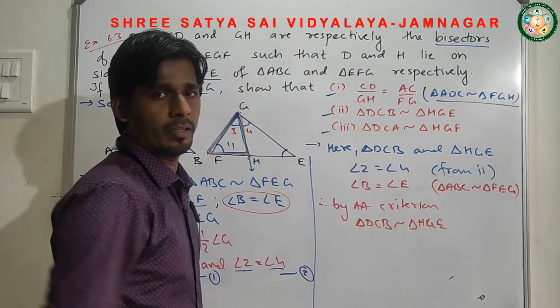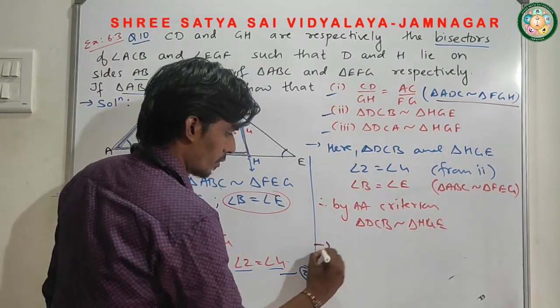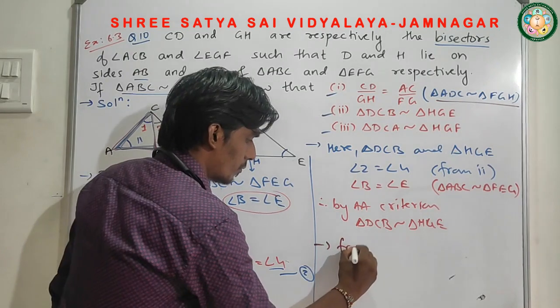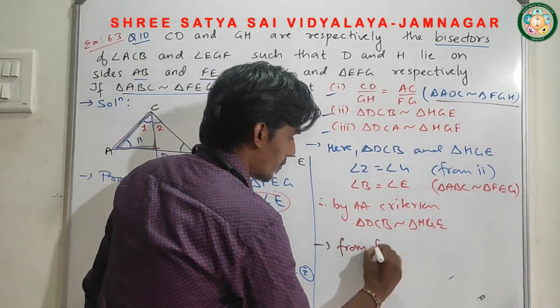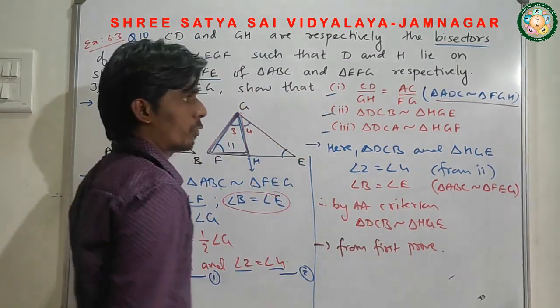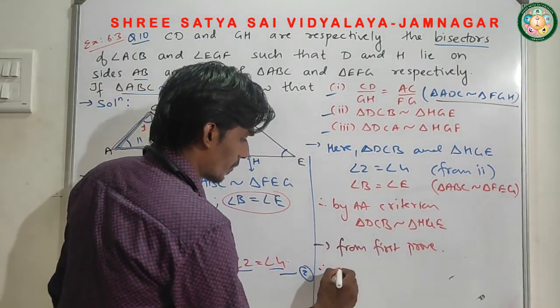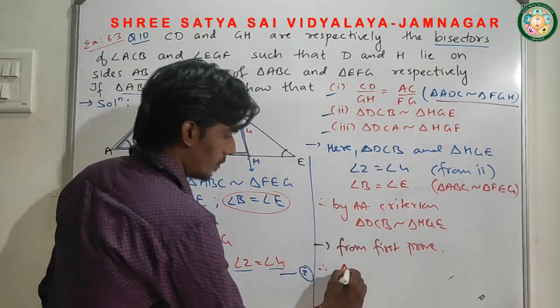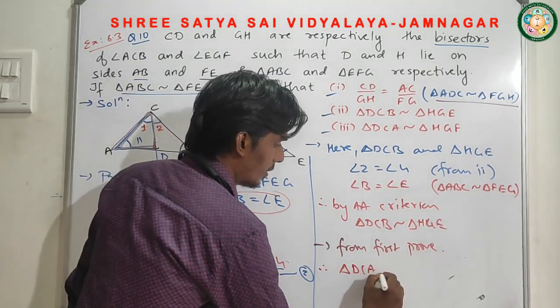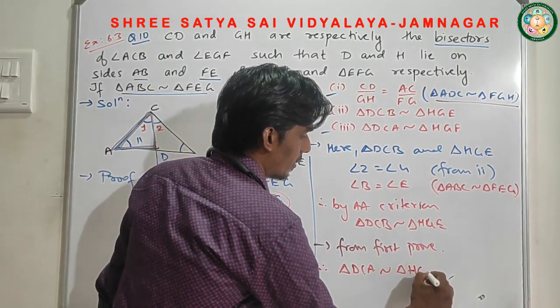जो पहला प्रूव किया था उसी में हमने प्रूव कर दिया था that triangle, from the first proof. From the first proof we can write triangle DCA is similar to triangle HGF.